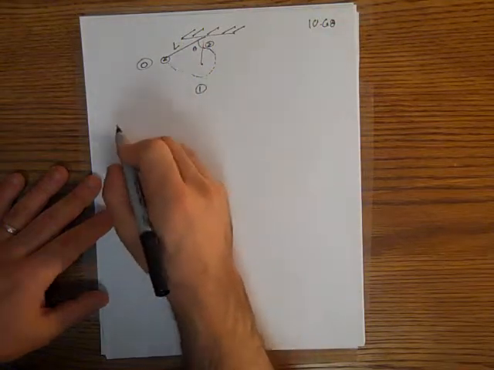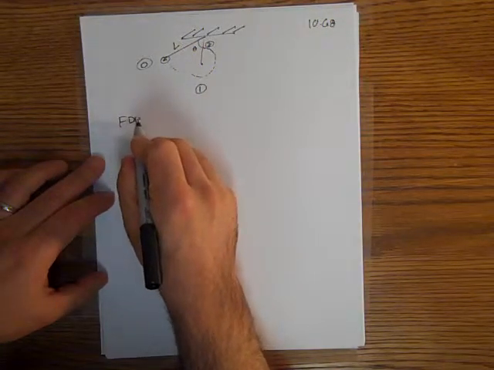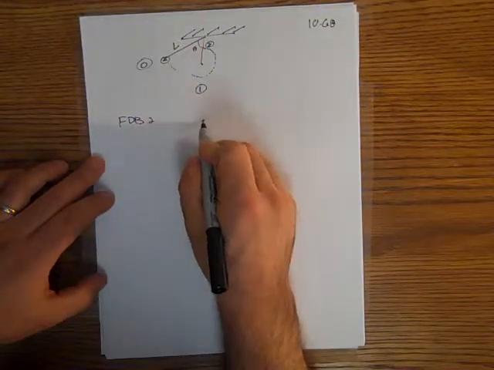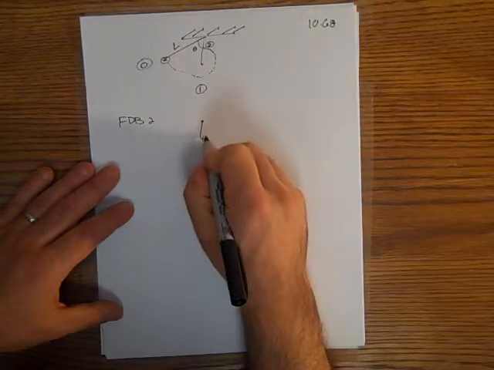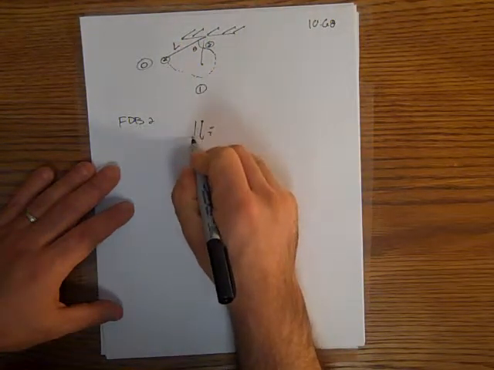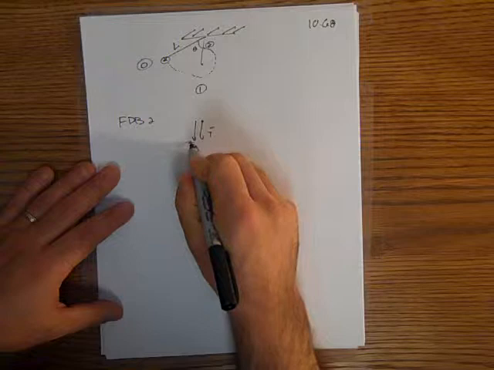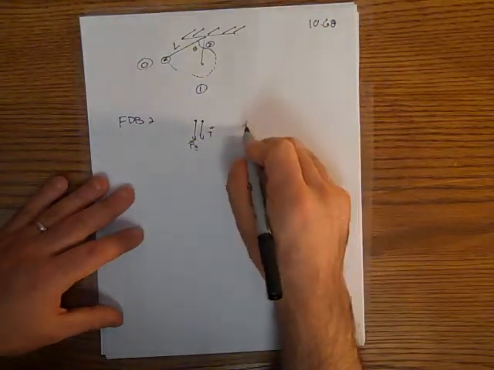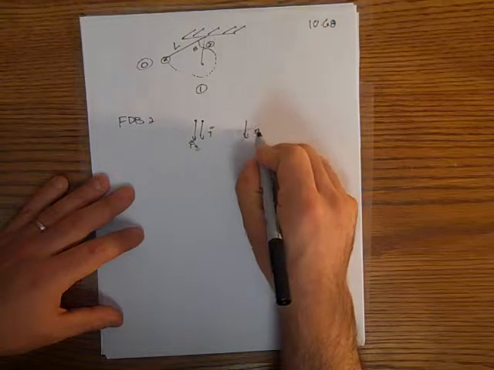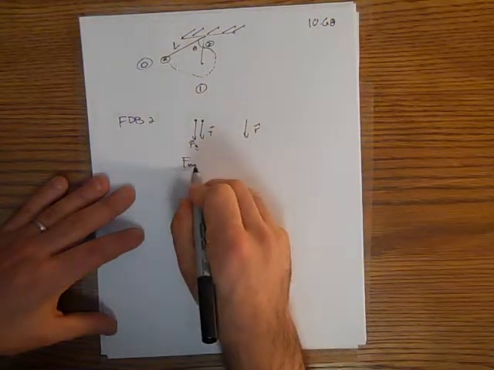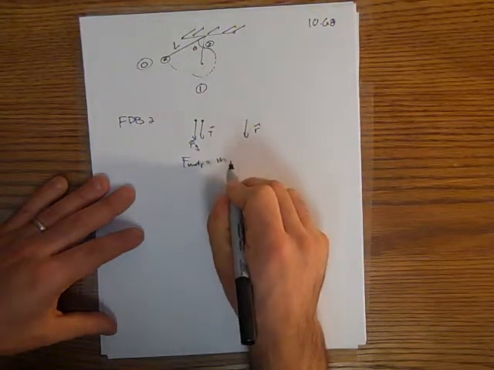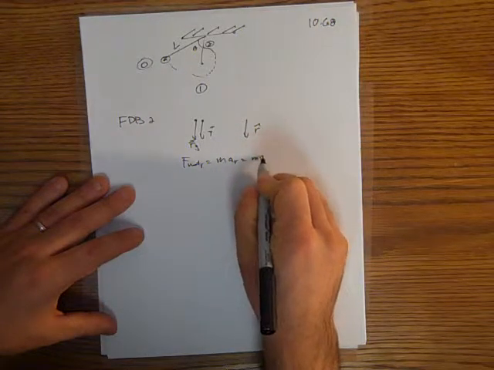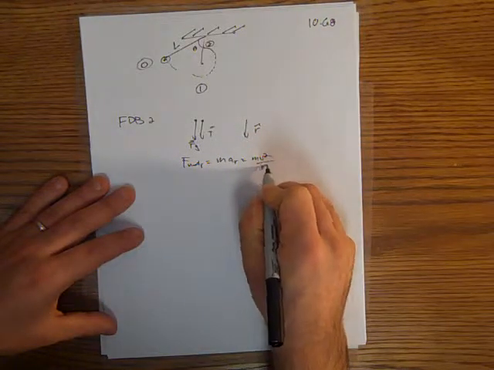Because if we do a free body diagram at point 2, we get tension acting downward, we get gravity acting downward. And so if I look at Newton's second law in the radial direction, I get F net in the radial direction is ma in the radial, which is mv squared over r.